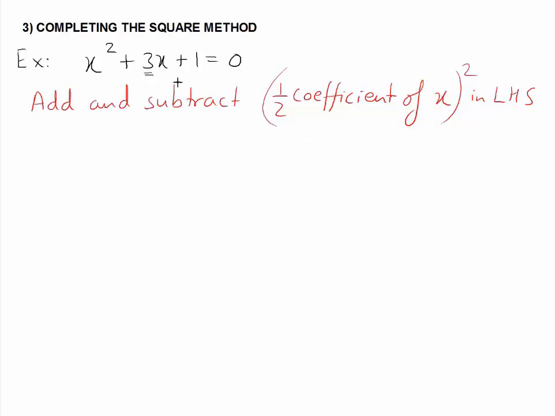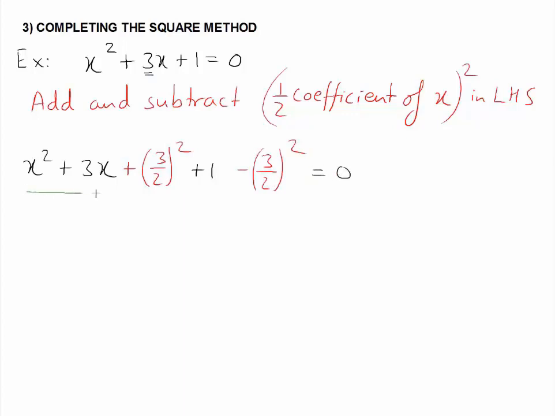The coefficient of x is 3, so we add and subtract 3 by 2 whole square in the LHS. So the equation will become x square plus 3x plus 1, plus 3 by 2 square, minus 3 by 2 square equals 0.